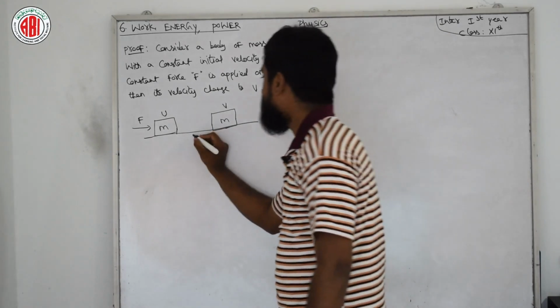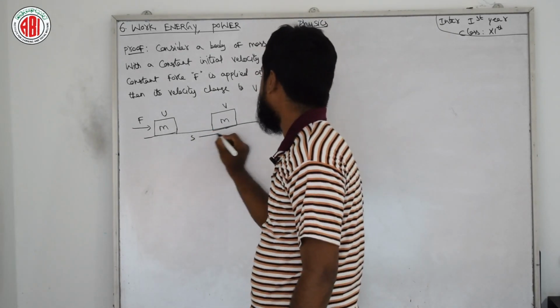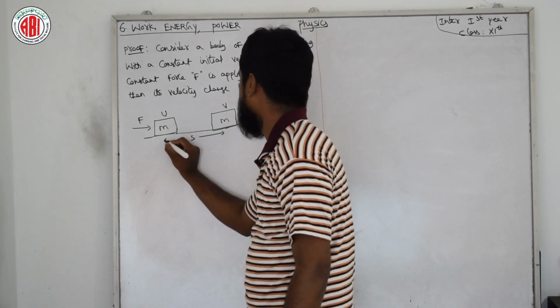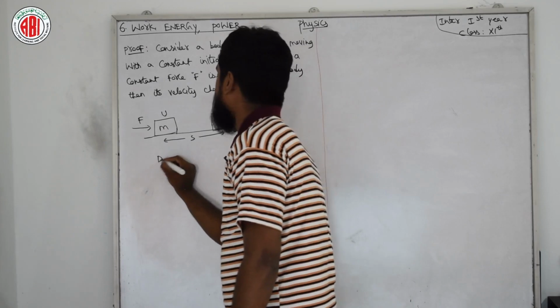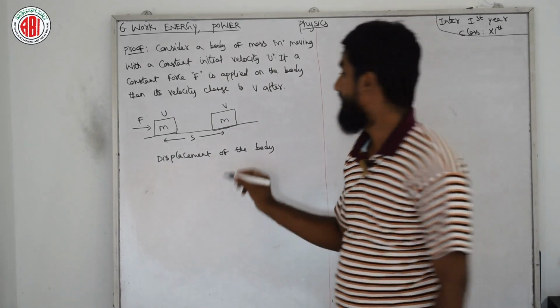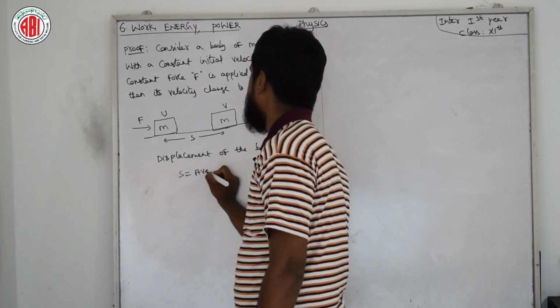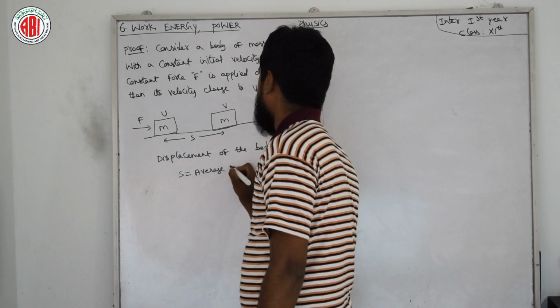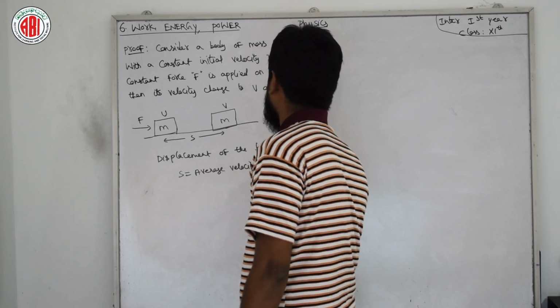So here there is a distance between these two positions of the object, from the midpoint of the object to the midpoint. For that we need to know displacement, isn't it? Displacement of the body, S is equal to average velocity into time.